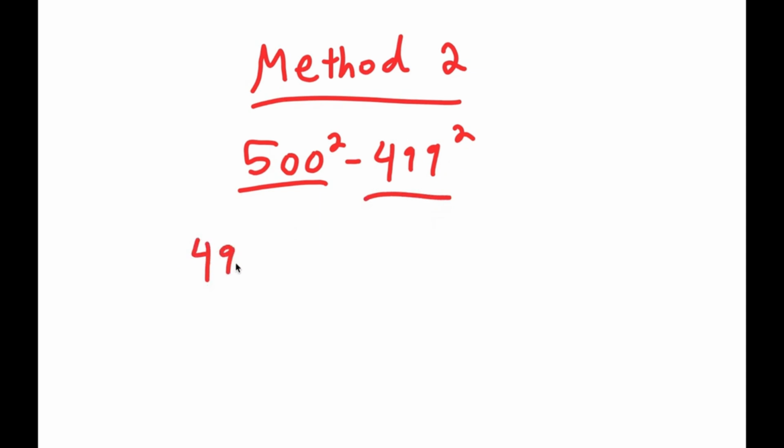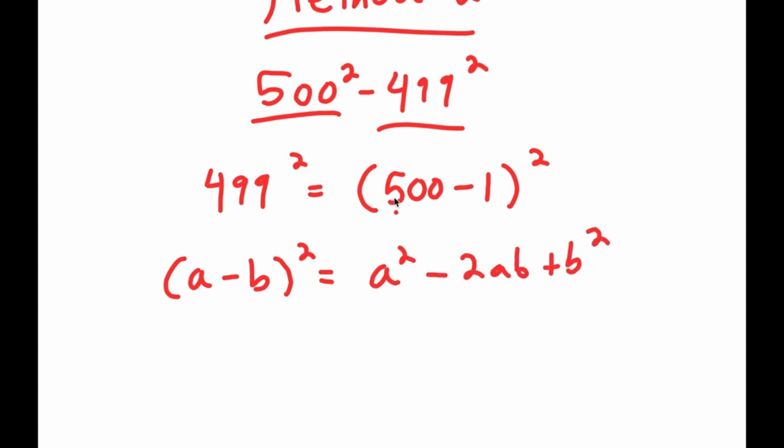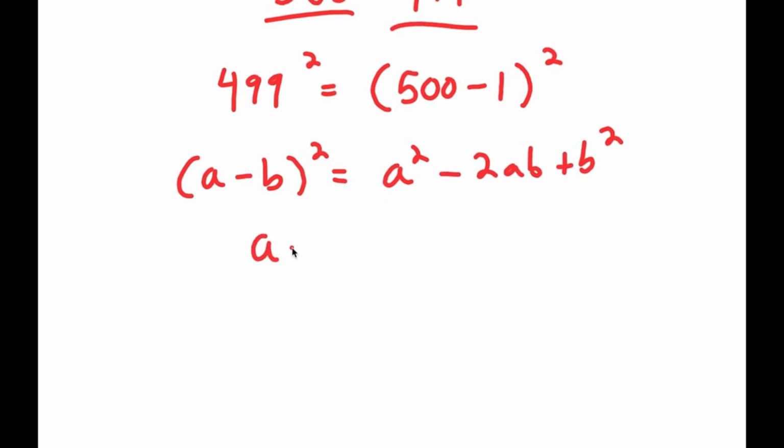So 499 squared is the same thing as 500 minus 1 squared. And if I have something in the form a minus b squared, this is equal to a squared minus 2ab plus b squared. So in this case, a is 500 and b is 1.